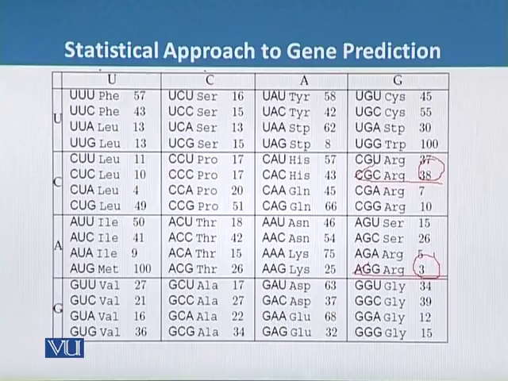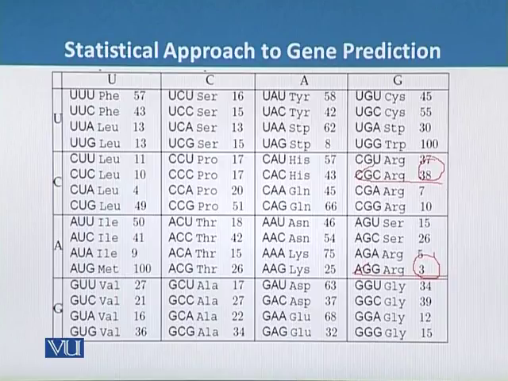So one can use a likelihood ratio approach to compute the conditional probabilities of the DNA sequence in a window, under the hypothesis that the window contains a coding sequence, and under the hypothesis that the window contains a non-coding sequence. Because we have seen that if a codon is coding much more frequently for an amino acid, then we can say that codon codes for the amino acid present in the coding region.